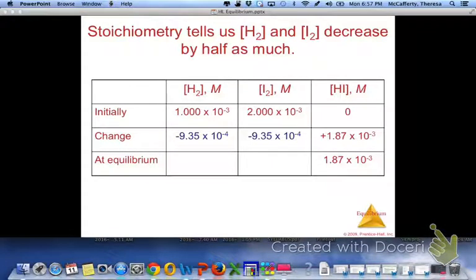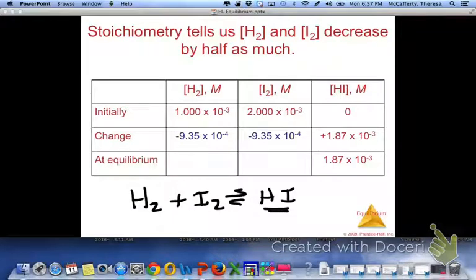Remember that the balanced chemical equation was H2 plus I2 in equilibrium with HI. So, I should say, for every 2 moles of my hydroiodic, I'm going to use 1 mole of my hydrogen and 1 mole of my iodine. So this change is really from the stoichiometry of the equation.